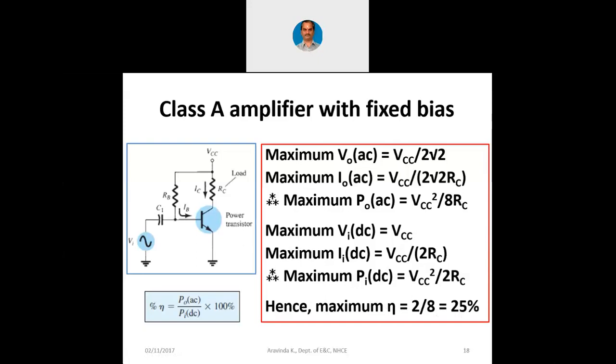Now here we can see the maximum efficiency in the case of the fixed bias itself is 25%. It cannot be more than that. That is why I showed you one tabular column in the beginning of this module, and I had shown you that the efficiency in the case of a Class A amplifier can be 25 to 50%, not more than that. Now in the case of the fixed bias, the amplifier efficiency is only 25% maximum.